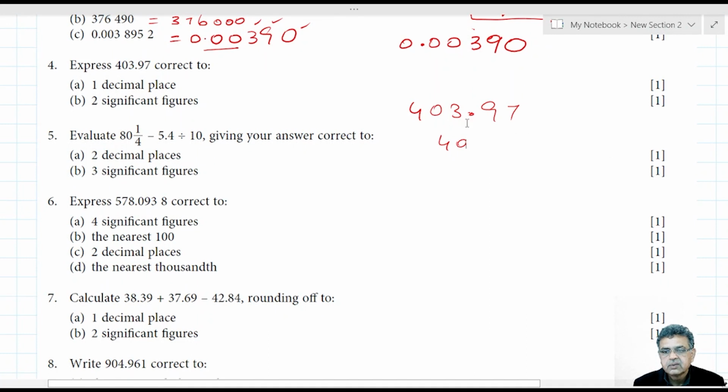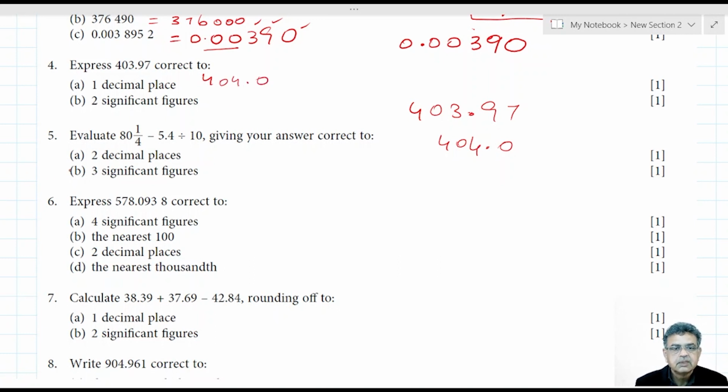Now, how do you decide? You just consider that this is 397. Once it is rounded off, that will be 400. So this will be 4.0. There will be 10 here when it is rounded off. We have no other choice. So it will be correct to one decimal place, 404.0.